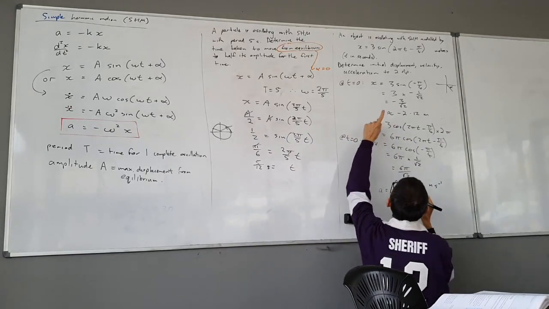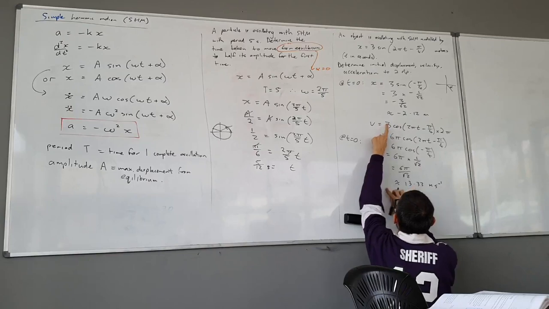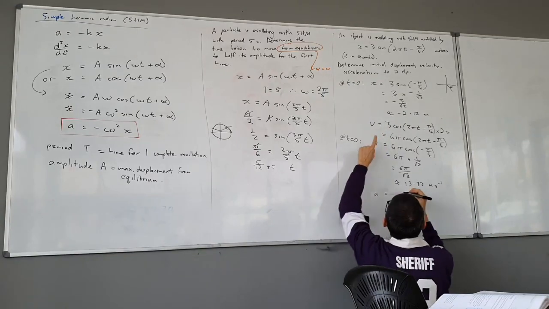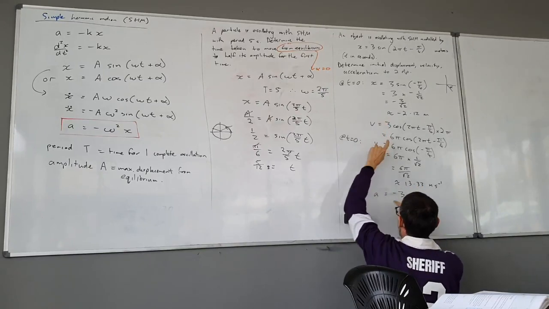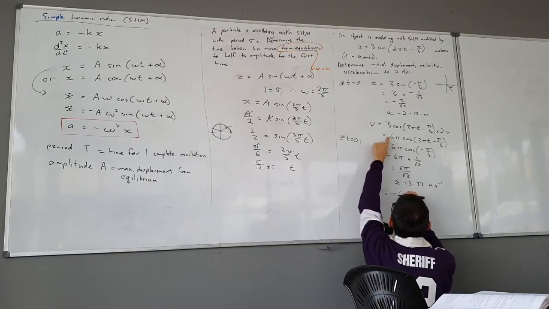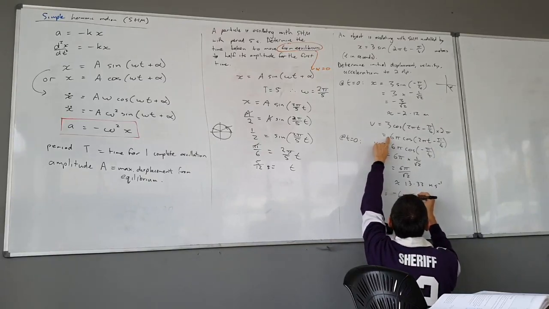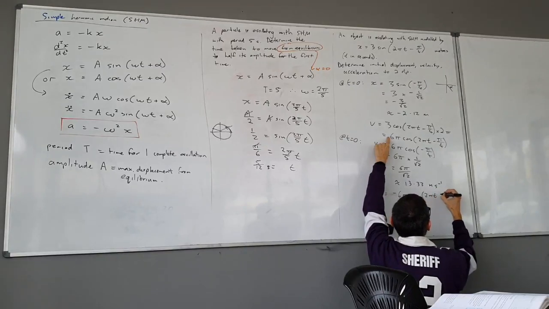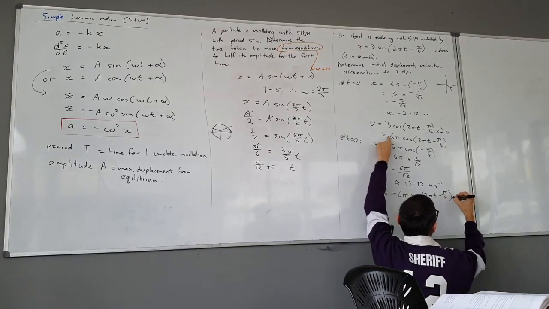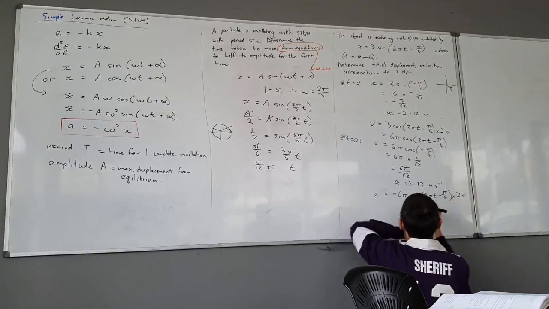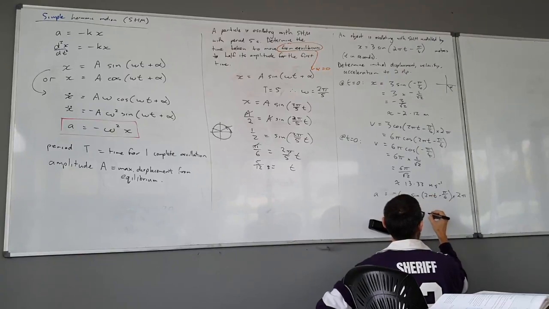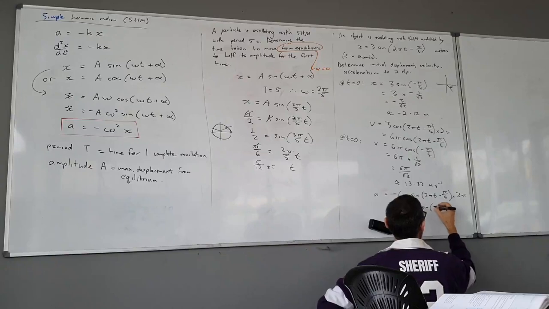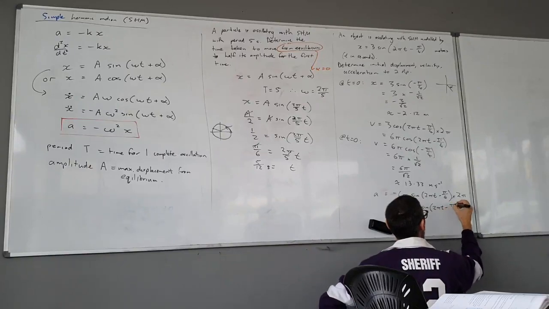Acceleration is the derivative of this: negative 6 pi sine of 2 pi t minus pi on 4, times the derivative of the inside, which is 2 pi. Which means I've got negative 12 pi squared sine of 2 pi t minus pi on 4.